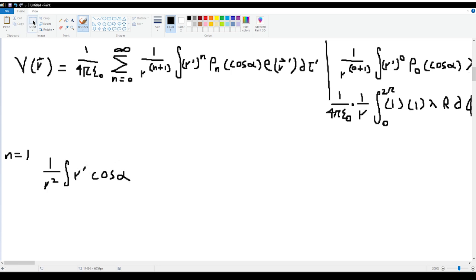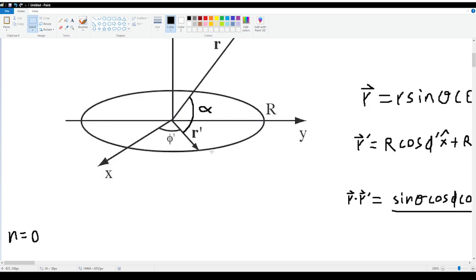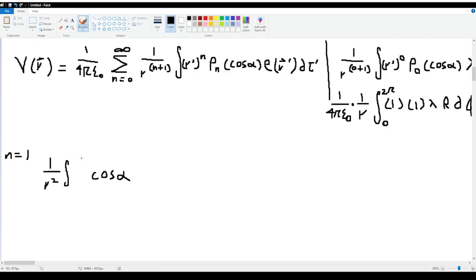And as for r prime, the magnitude of r prime is just the radius, so a big R goes here. So then it's just lambda, another big R, d phi prime.